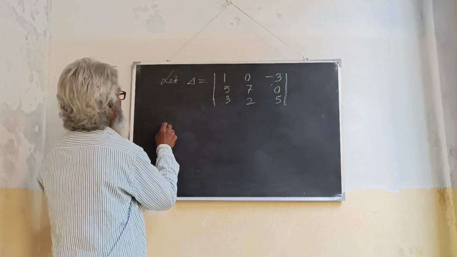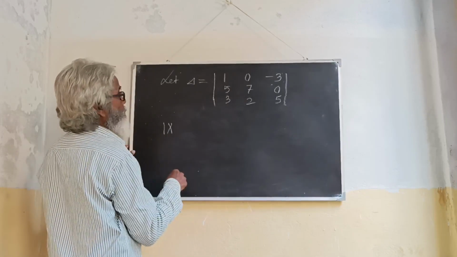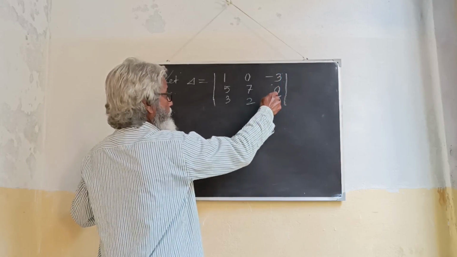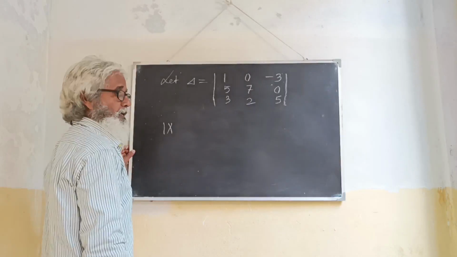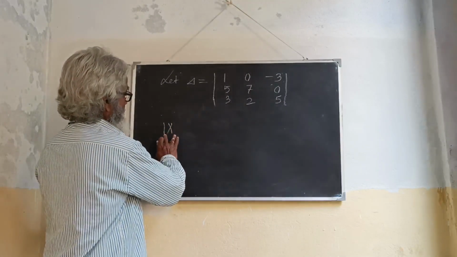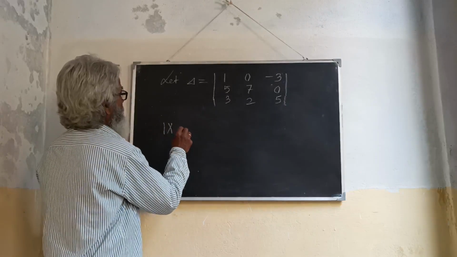See what happens. Consider the elements of first column and the cofactors of the corresponding elements of third column, take their product and sum.